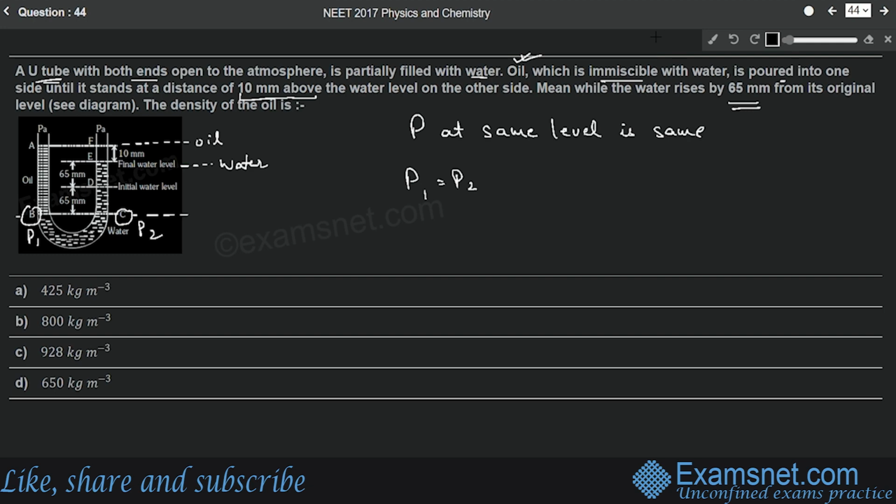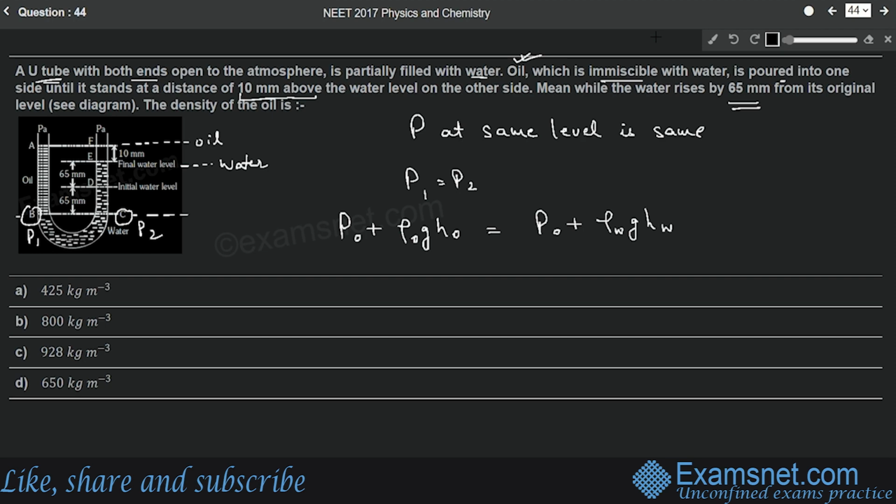Okay. And the pressure is equal to atmospheric pressure, that is P naught, plus rho GH. So on the left side it will be rho, that is density of oil, so rho O, and height of oil, that is HO. And on the right side it will be P naught, that is atmospheric pressure, plus rho GH. This time rho will be the density of water and height will be the height of water.